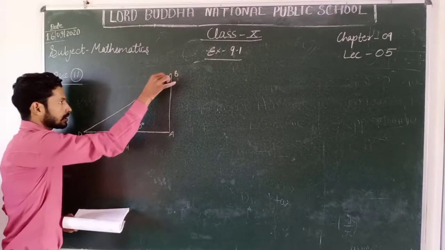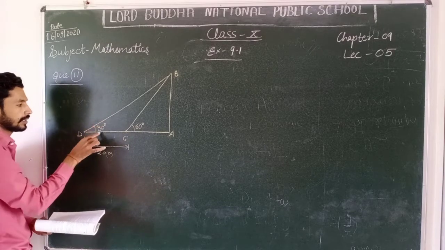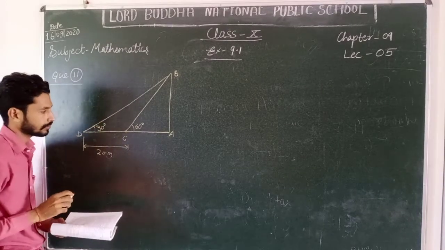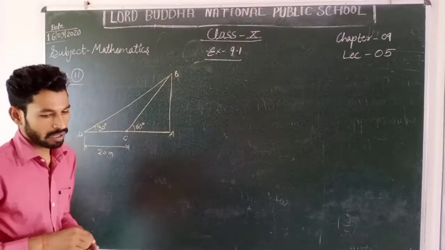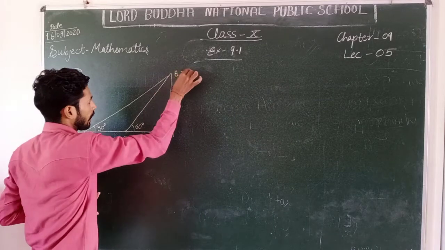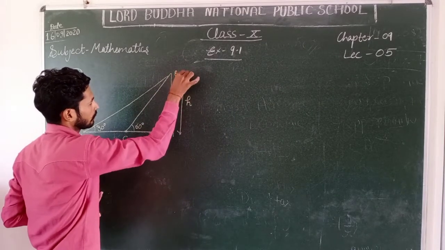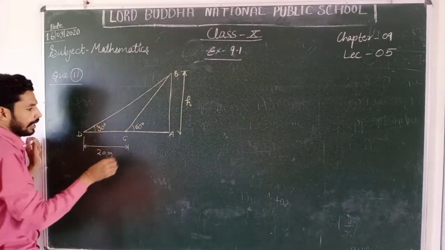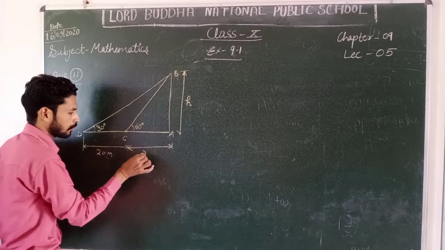So join this with the top of the tower, that is the angle of elevation. Now we have to find the height of the tower. Suppose that the height of the tower is h, and what is the width of the canal? Suppose that it is x.